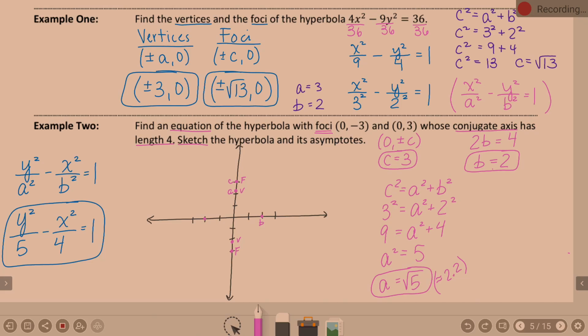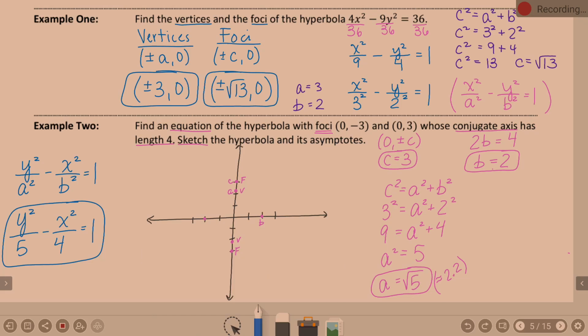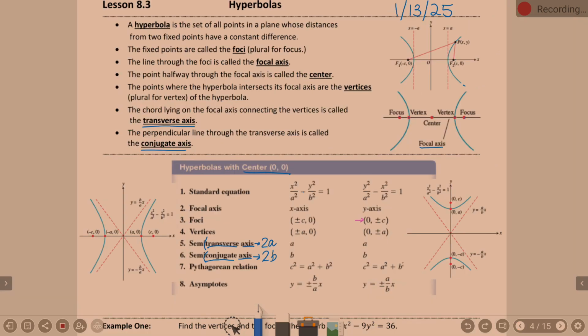Before we can sketch the hyperbola, we need the asymptotes. Those dotted lines that form an X are my asymptotes, and we need them to get the right shape of the hyperbola. If you look up in the chart, what's the formula for asymptotes? On the one we're looking at, it's plus or minus A over B x.